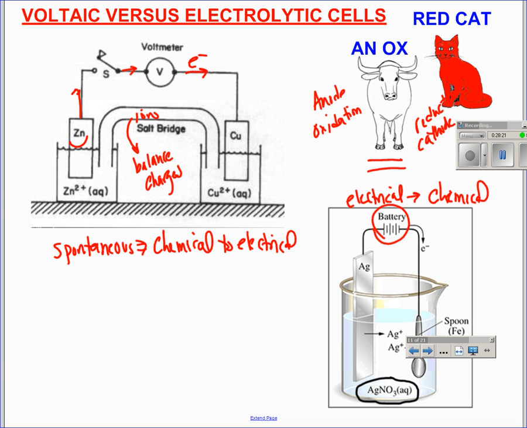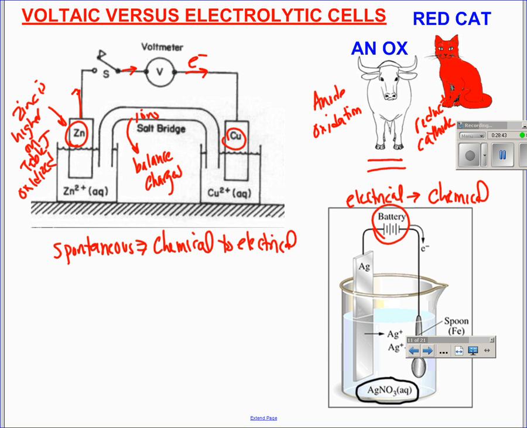Why do electrons move in this case from zinc to copper? Because zinc is higher on Table J. So if it's higher on Table J, it's going to be oxidized, which means it's going to lose electrons. So the electrons are going to flow from the zinc to the copper.